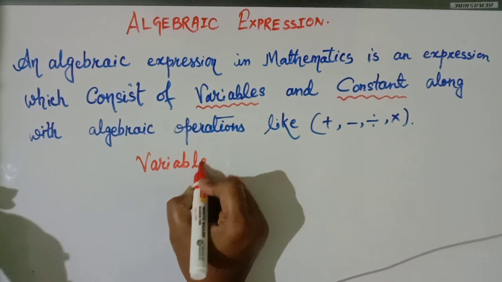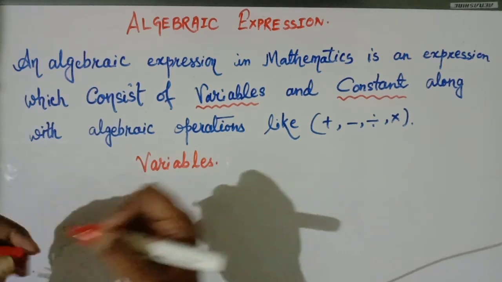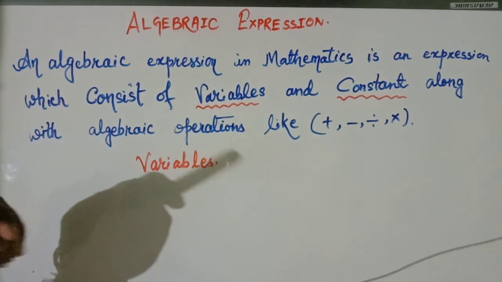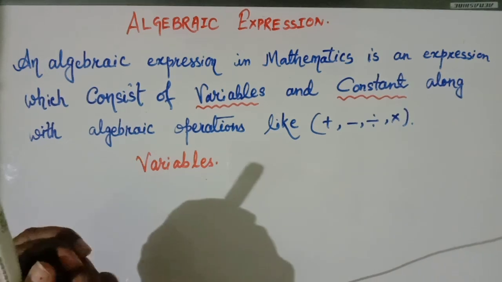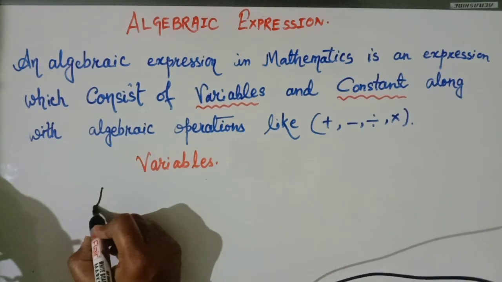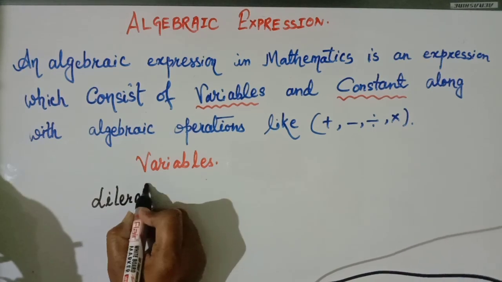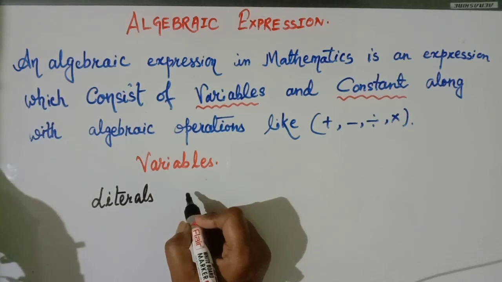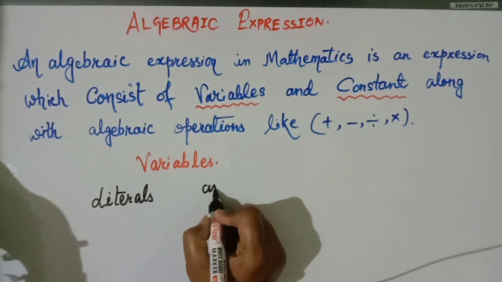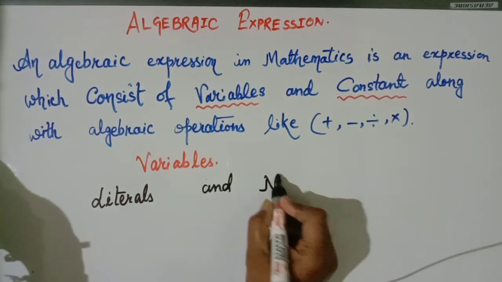So what are called variables? Before that, let us see what literals are. In algebraic expressions there are also two terms, literals and numerals.